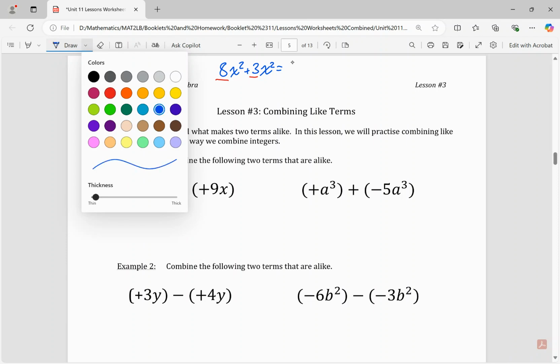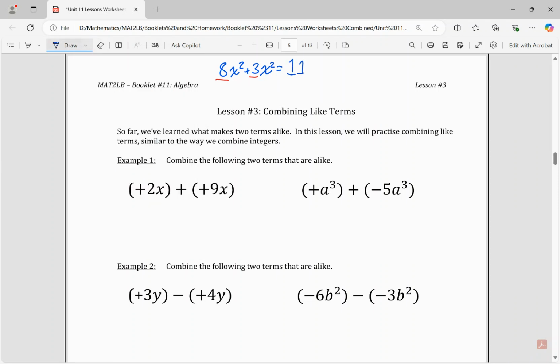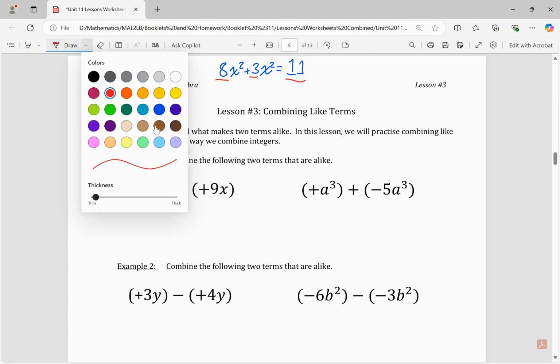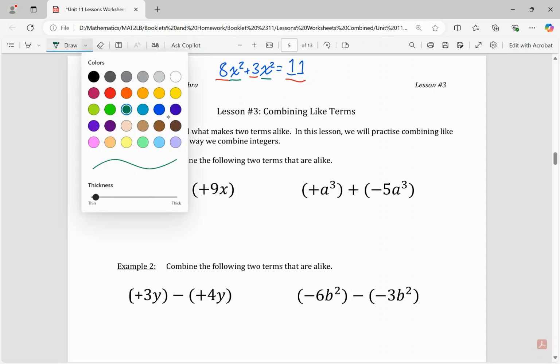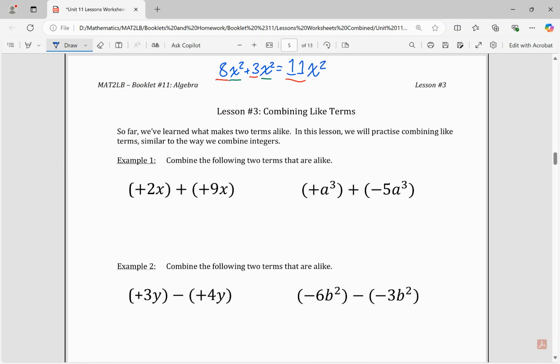Now, 8 plus 3 is equal to 11. And it's important to note that after adding up two like terms, the variable stays the same. So 8x squared plus 3x squared is equal to 11x squared.